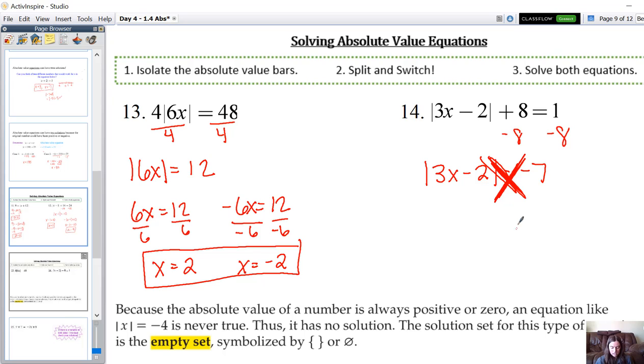So, since that's the case, we say that there is no solution. That can be written as a 0 with a slash through it, or an empty set using these squiggly lines. You'll probably mostly see me use this notation, the 0 with the slash through it, but you might see this elsewhere. So again, if you have an absolute value expression equal to a negative number, you cannot solve for it.